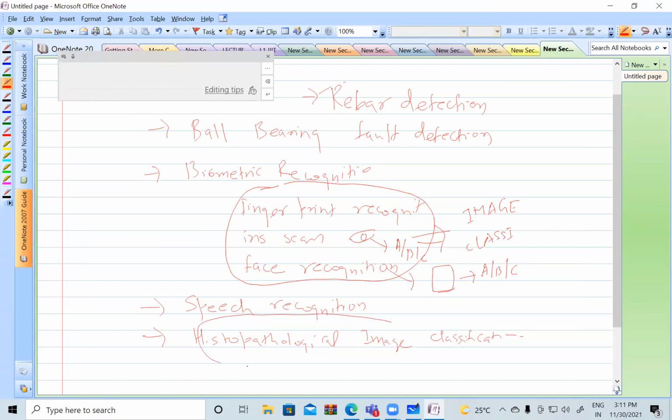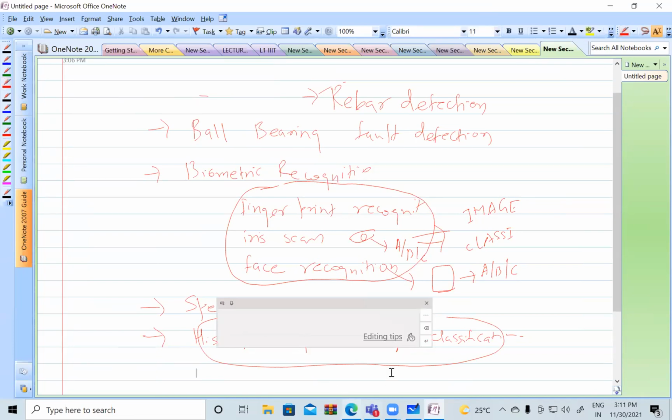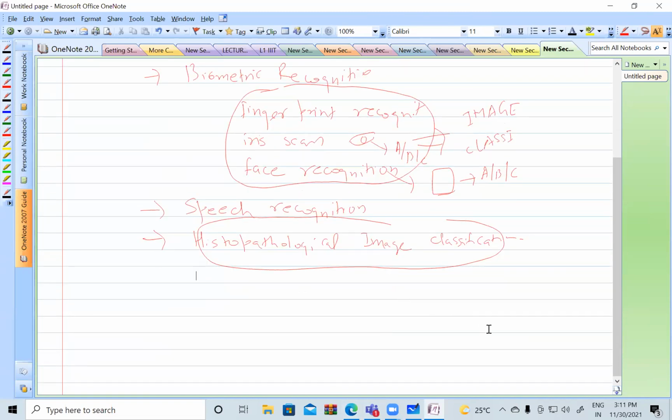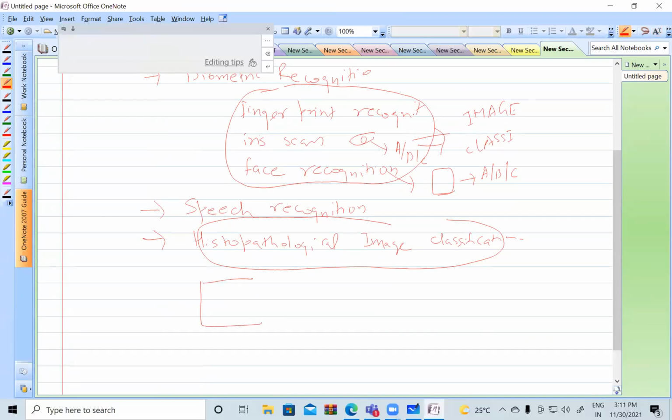Histopathological image classification is also an image classification task in the medical domain. When we are doing cancer detection, the input is a histopathological image. The doctor will take a glass slide, and the glass slide will be covered with a part of the tumor.